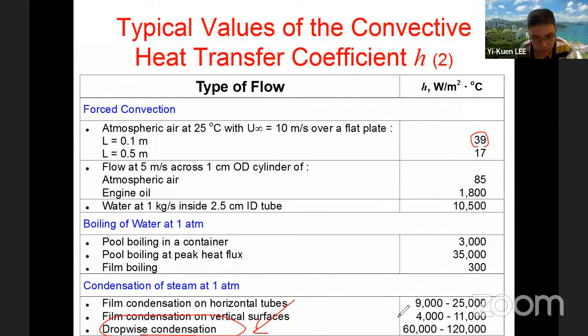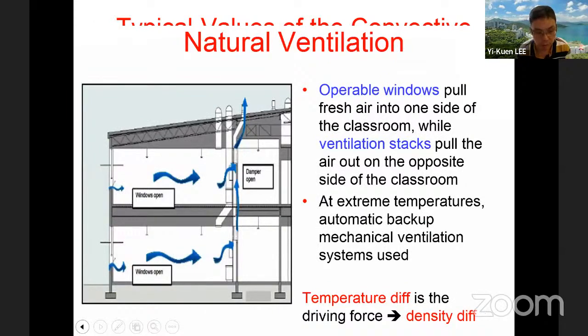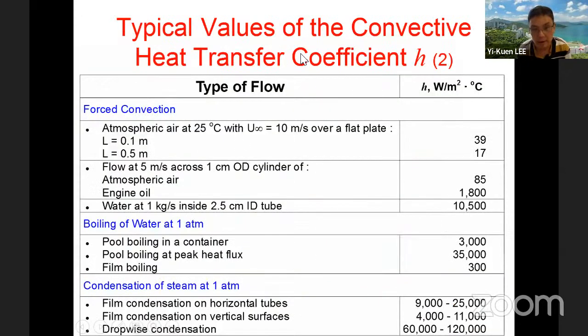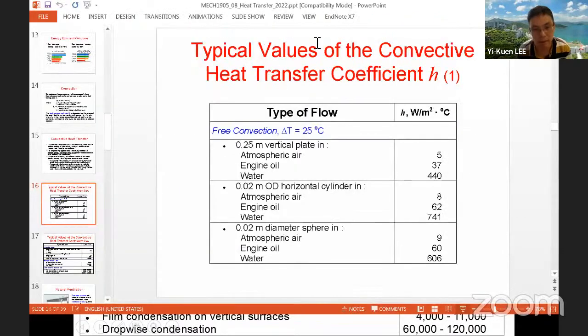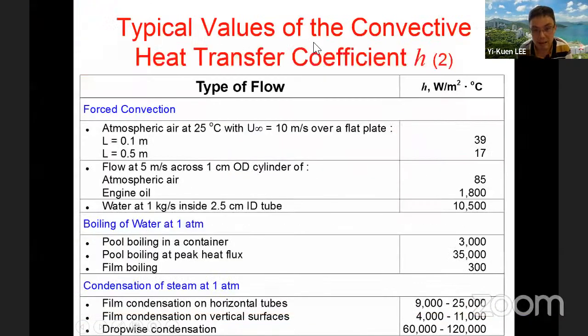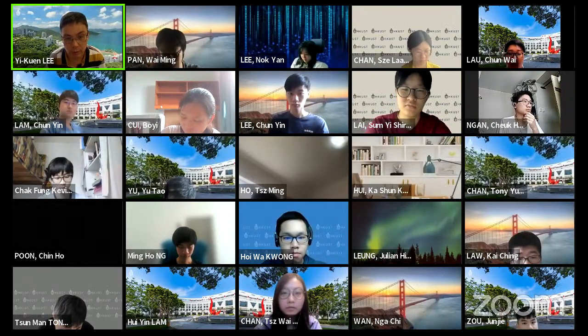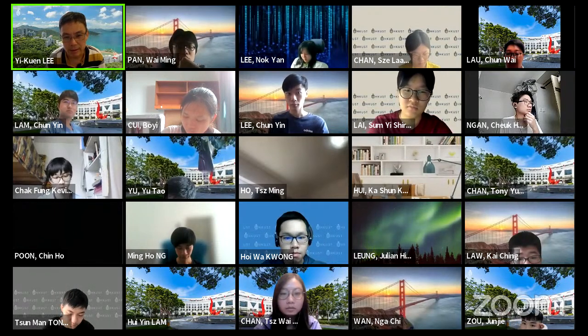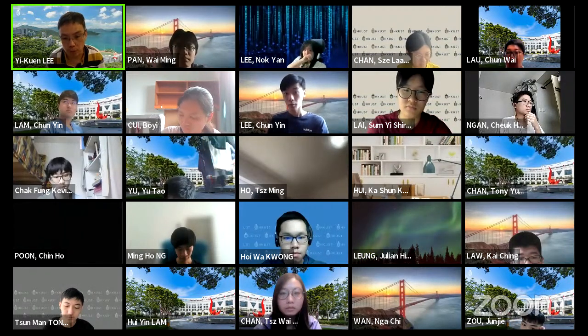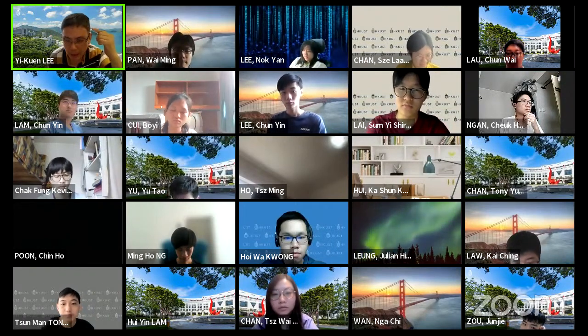So different kinds of heat exchange phenomena will have different amounts of heat flow we can carry. I think it's important for you to refer to this, and then it will be easier for you to appreciate the design we mentioned. If we don't talk about this in a quantitative way, it's not easy for all of you to appreciate this kind of design.